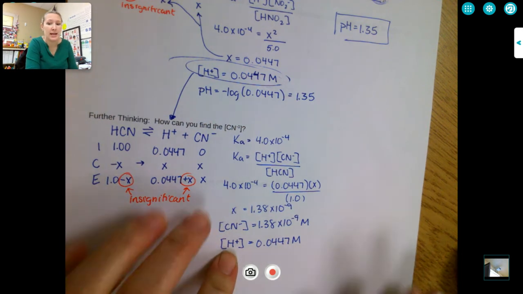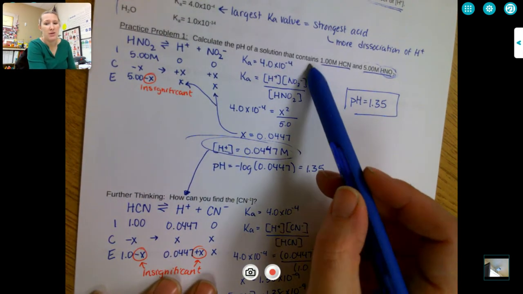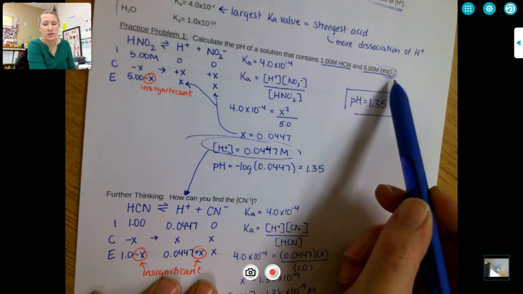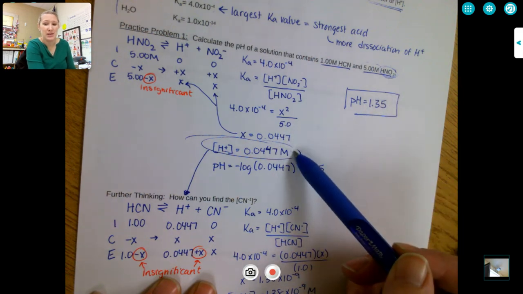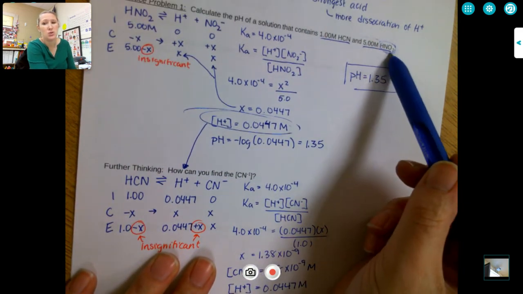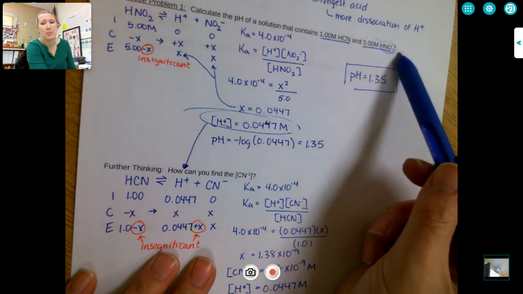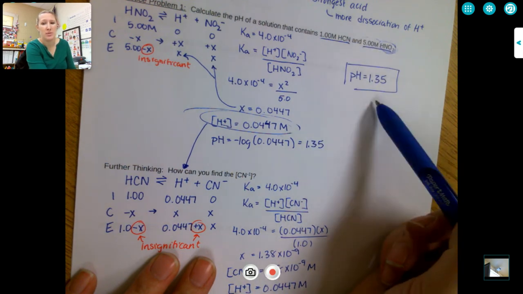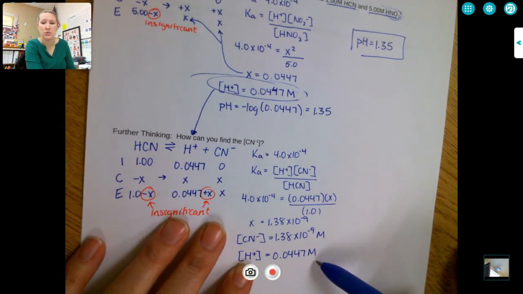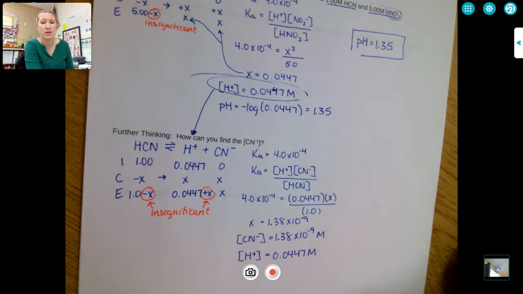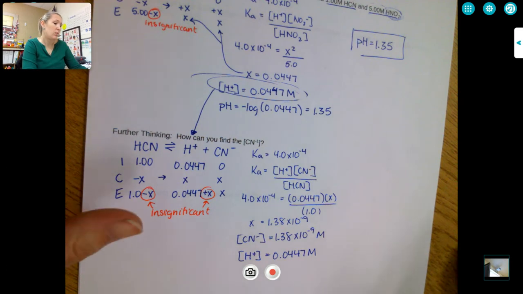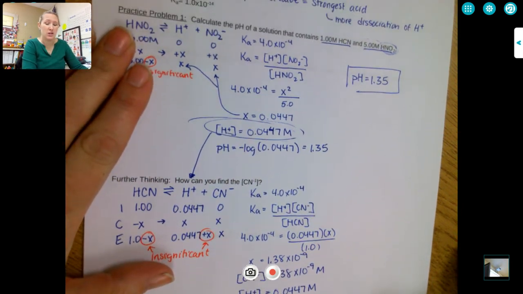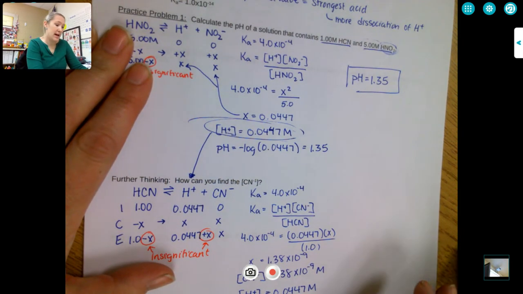That's why, because our Ka value is so much bigger for our nitrous acid, it dominates the hydrogen ion concentration. And so that's why I choose to look at my stronger acid to figure out the pH of my solution as opposed to the weaker acid. It just doesn't produce enough hydrogen ions to make a significant contribution.